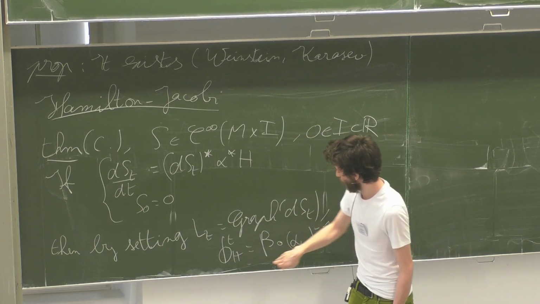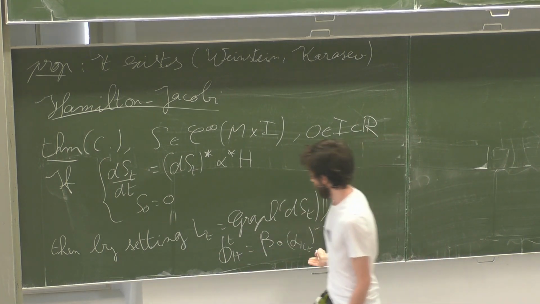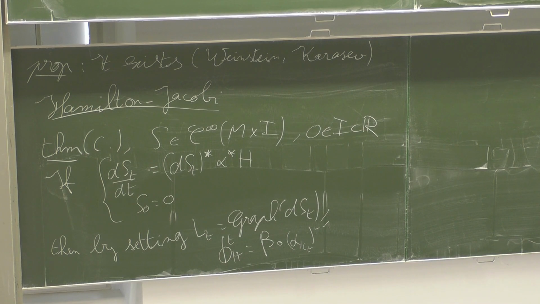And you recover the flow of H by inverting alpha and projecting again by beta.